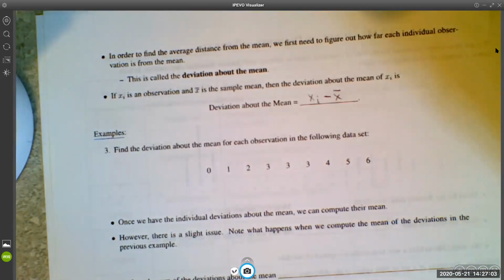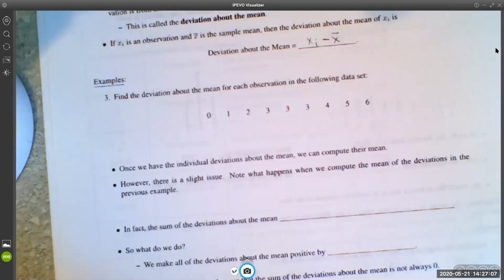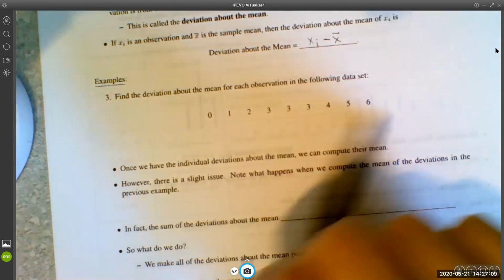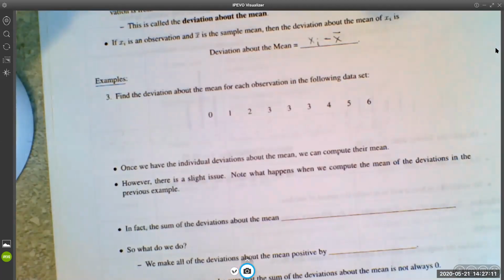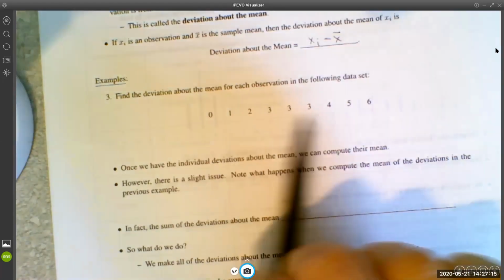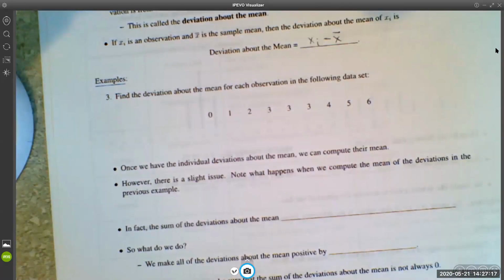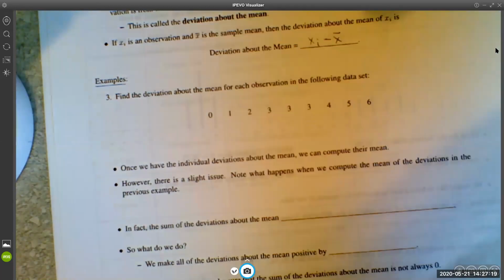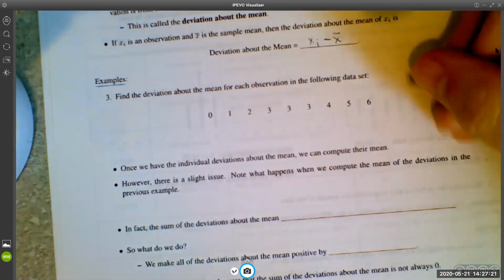For example, let's say that we have this data set here. And let's find the deviation about the mean for each observation in the set. In order for us to do that, the first thing we would need to do is find the sample mean.